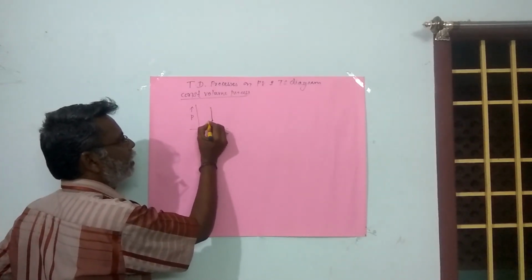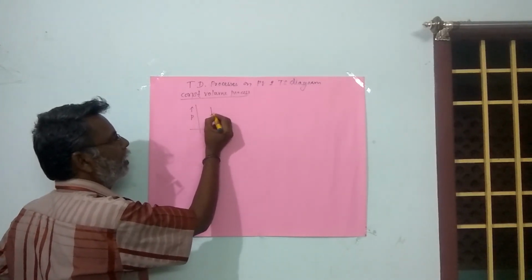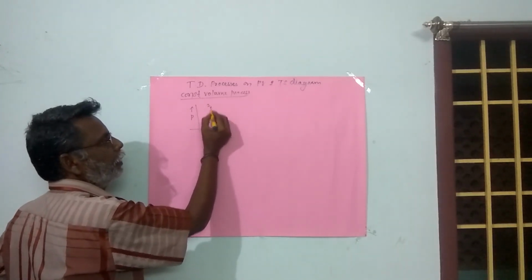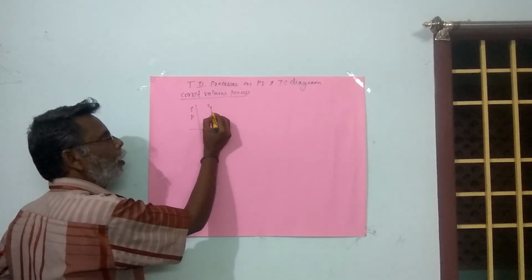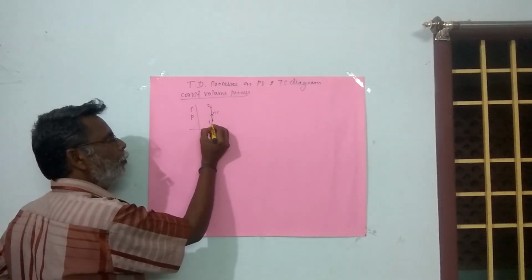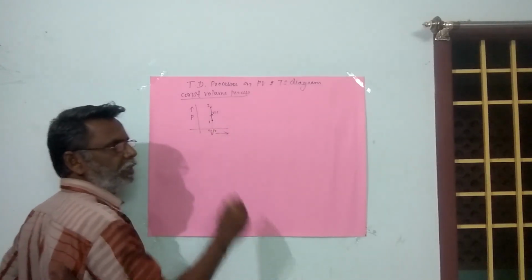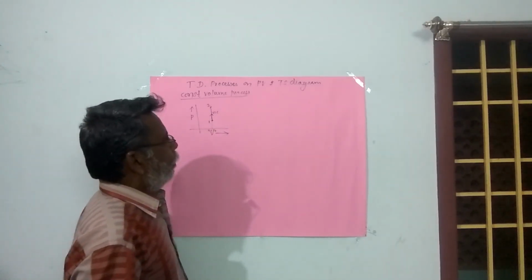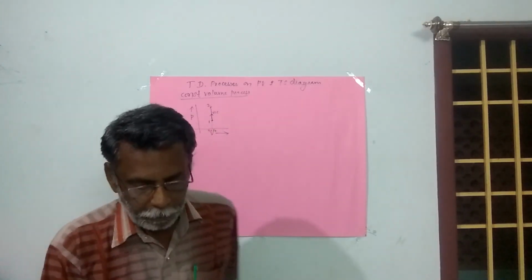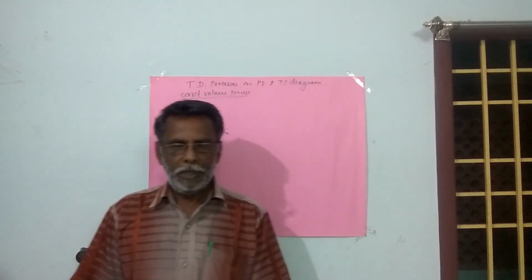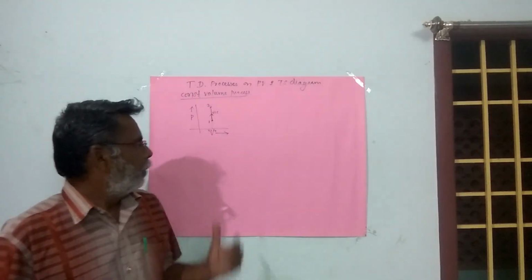This is the initial state and this is the final state. During this process, the volume remains constant, so V1 is equal to V2. This is the representation of the constant volume process on a PV diagram.